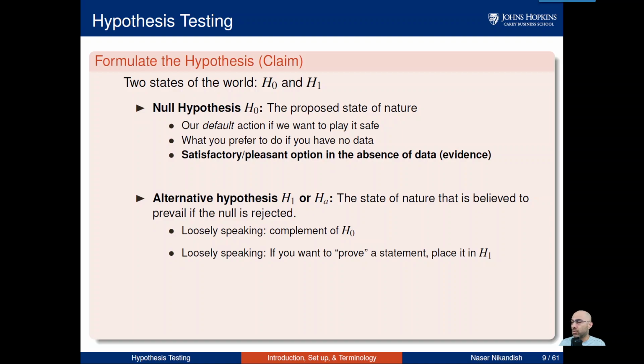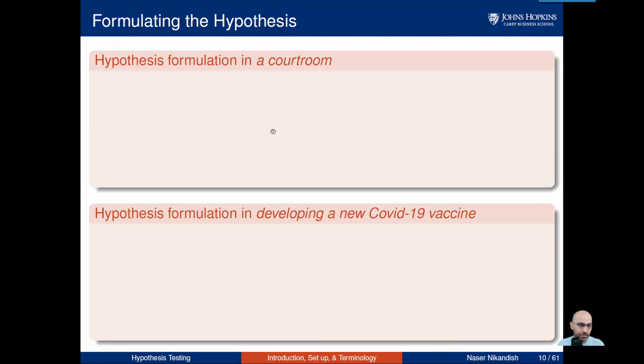Well, let me put it loosely: if you want to prove something, put it in H1. Why? We are going to collect data, and if the data is completely in clash with H0, then we are going to reject H0 and accept H1.